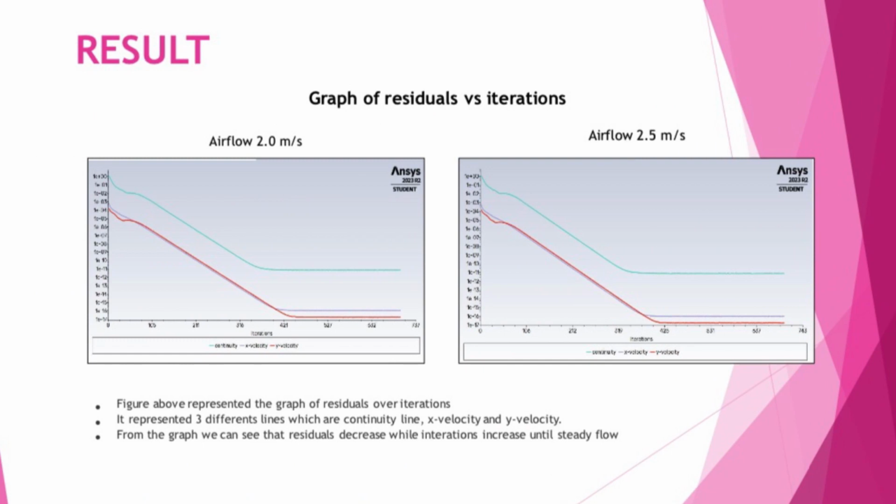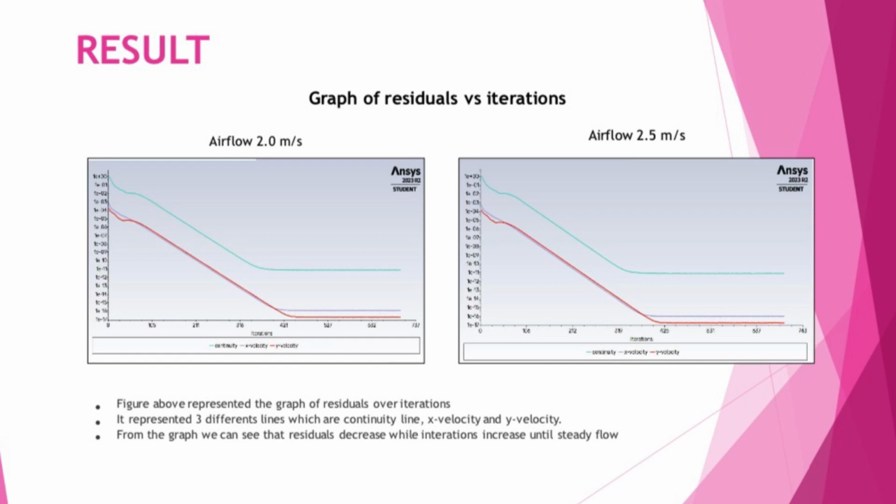The figure above represents the graph of residual over iteration. The left side velocity is 2.0 and the right side the velocity flow is 2.5. It represents three different lines, which are continuity line, x velocity and y velocity line.